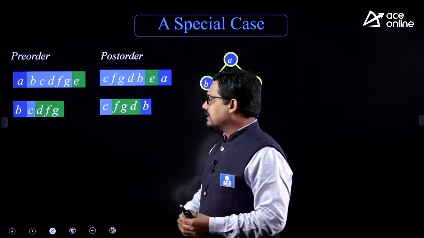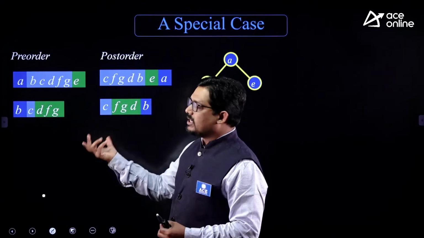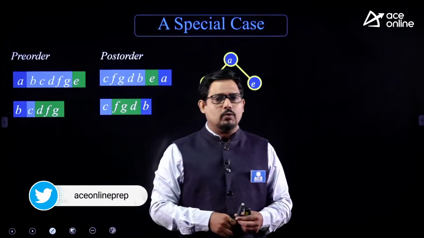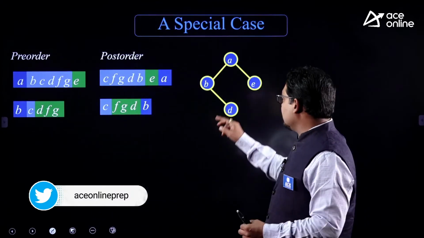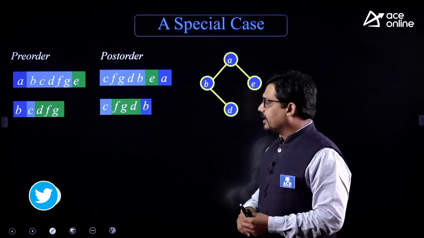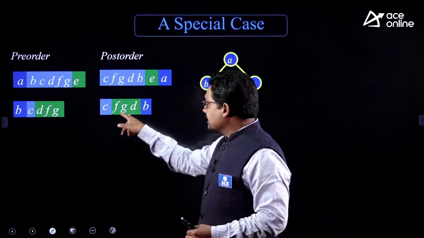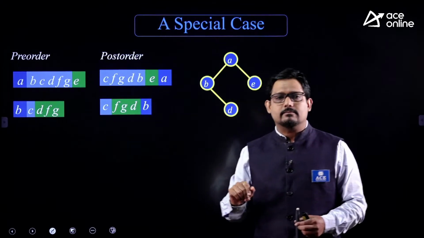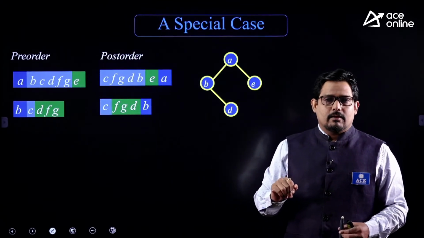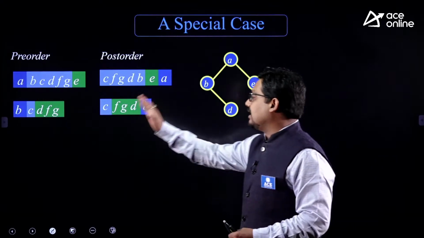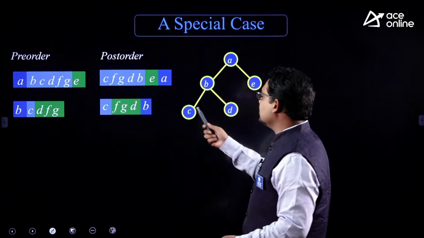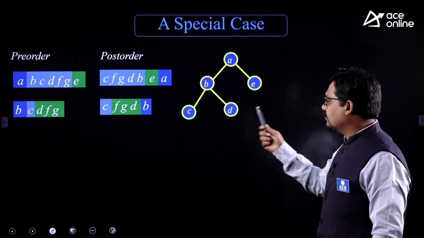How can I conclude that only C is on the left? After C, you are directly going to visit D, and before C nothing is visited. So before C, if nothing is visited, no left and right, then only you are coming to C as the root. That means C is the left child.